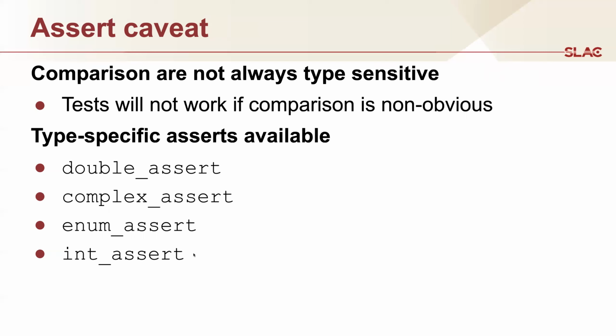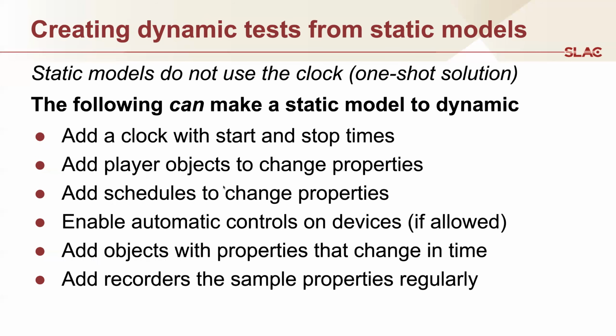Those will get around the quirks and ambiguities that sometimes come up when you're using the general assert, and the comparisons don't work as you would expect. It's not really common that you run into this problem, but when you do, these asserts are more straightforward to implement and don't run into those kinds of odd ambiguities about how things get compared.